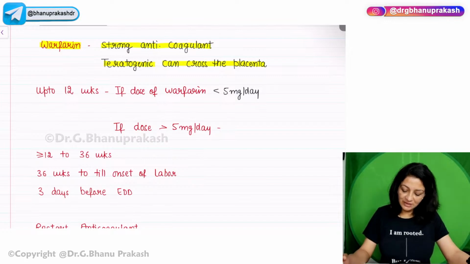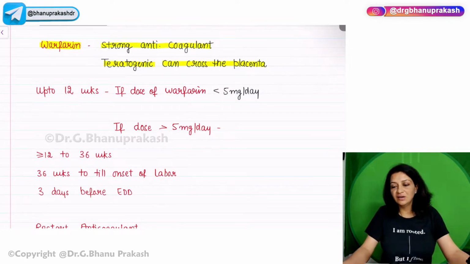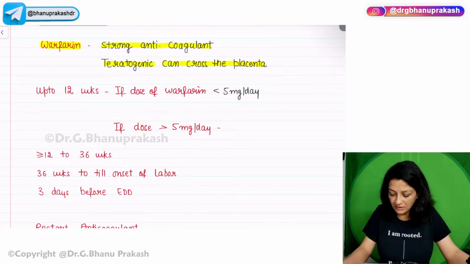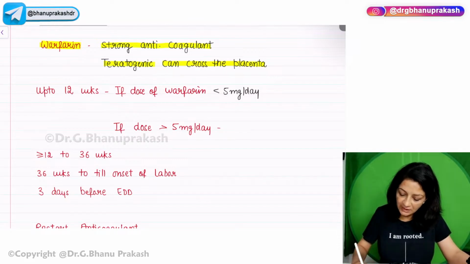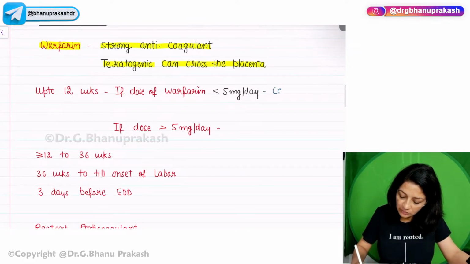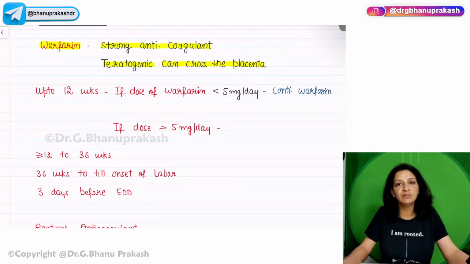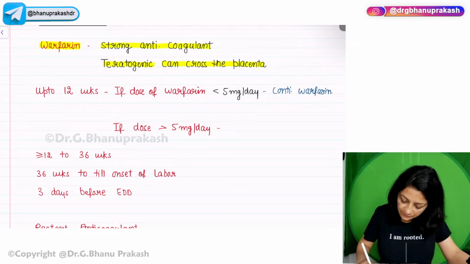So up to 12 weeks, if the patient is already taking warfarin and the dose is less than 5 milligrams per day, then we can continue warfarin, or we can change the drug and give low molecular weight heparin.